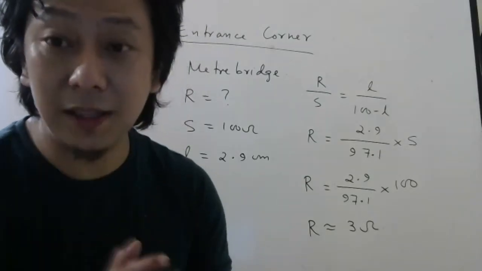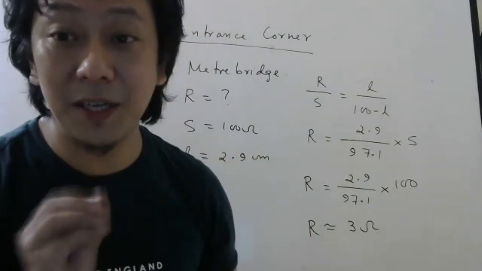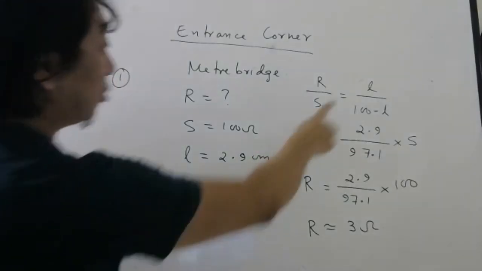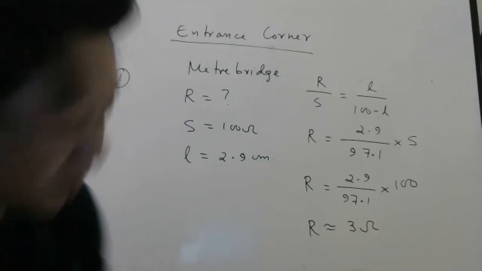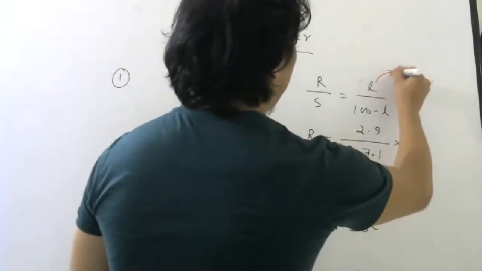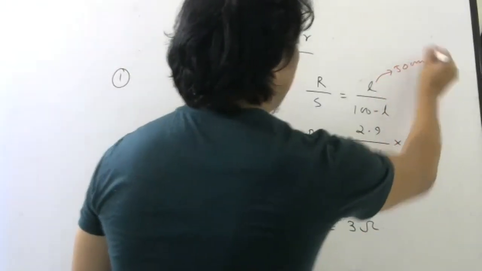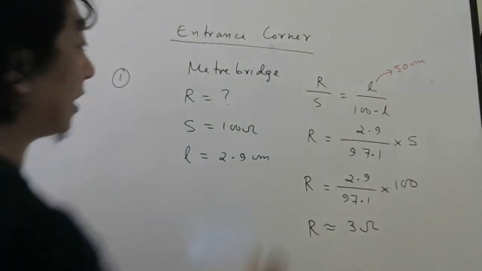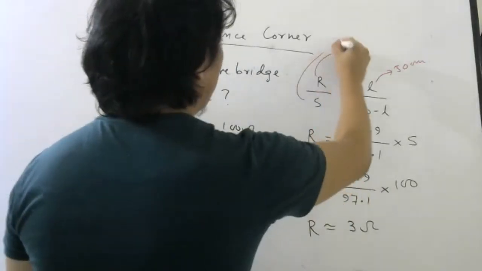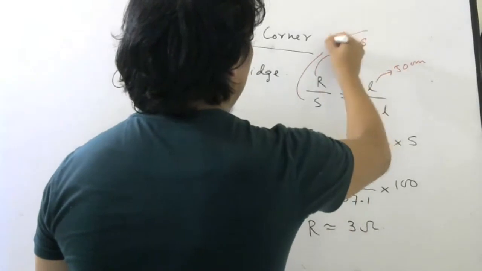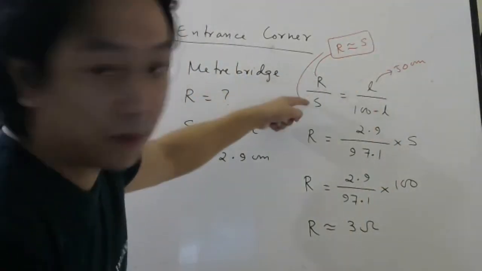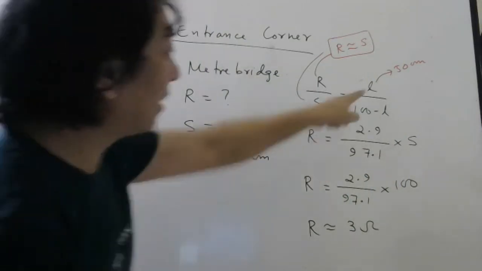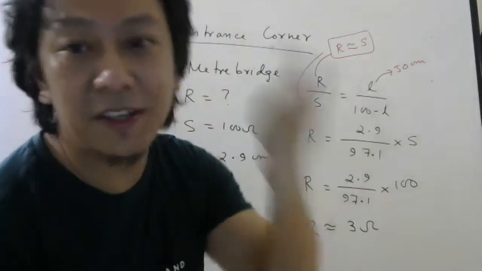So to get the balance point near the middle, if you want this to be around 50, which improves your accuracy, then as I told you in class, R and S should be approximately same, right? If these two are exactly same, let us assume, then L will be exactly 50 centimeter.